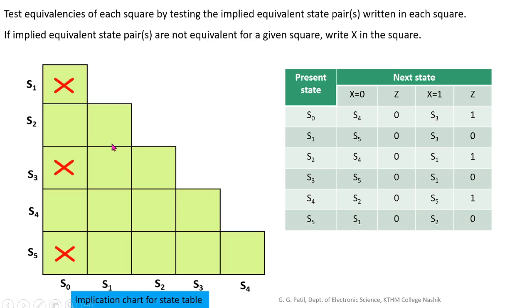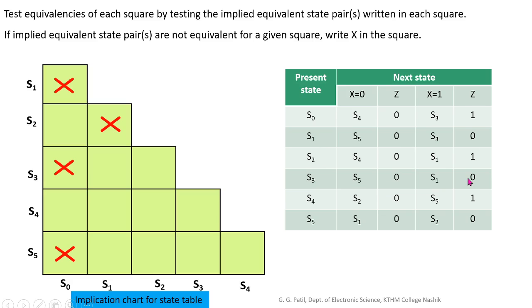Next to check S1 S2. Let us see S1 S2, check the output: here it is same but here 0 1 is different, so we'll place the cross mark there. Then the next square is S1 S3. Check the outputs of S1 and S3 states: 0 0 here and also 0 0.